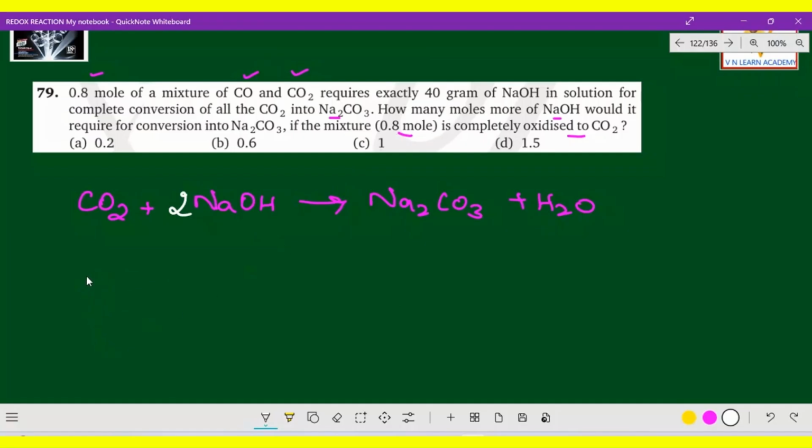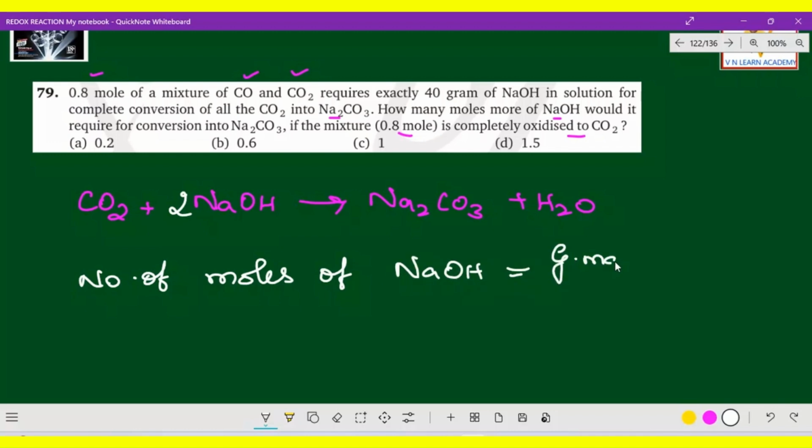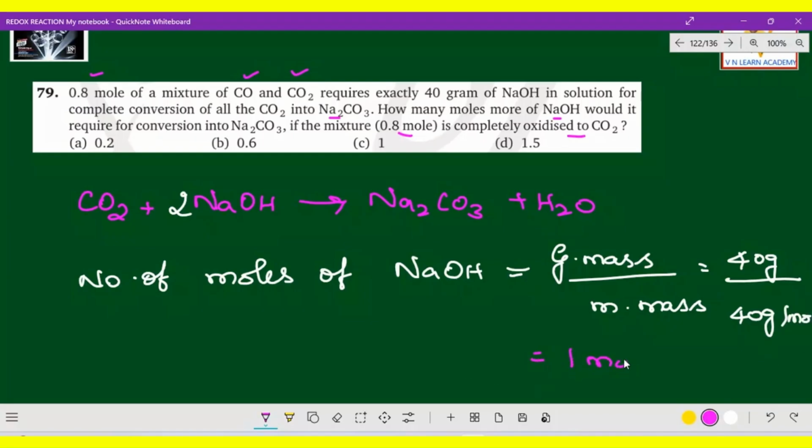Here 40 gram they mentioned, so number of moles of sodium hydroxide is 40 gram divided by the molar mass of sodium hydroxide, 40 gram per mole. You will get 1 mole. Sodium hydroxide number of moles is 1 mole.